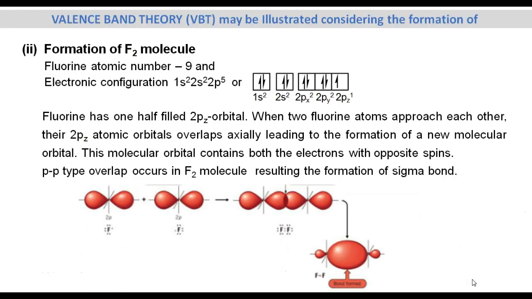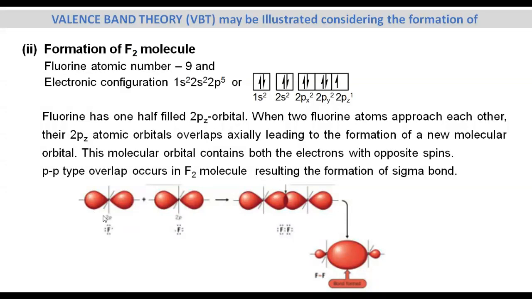The second example is the formation of the fluorine molecule, that is F2. The fluorine atomic number is 9. The electronic configuration is 1s2, 2s2, 2p5, and in box-like form, 1s2, 2s2, 2px2, 2py2, 2pz1. Here there is one unpaired electron present in the outermost orbital, and hence this overlaps with another fluorine atom containing one unpaired electron, giving us a molecular orbital, and this forms the single bond between the participating atoms.